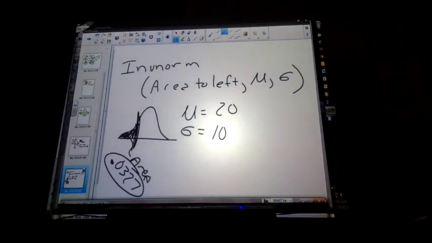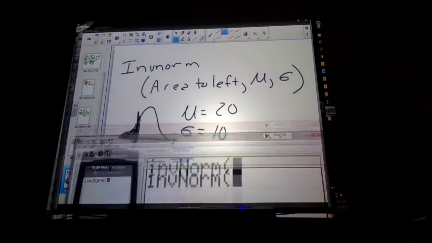So if I want to find that area, or the actual value, the score that gives me that, I'm going to go second vars. I'm going to go to INV norm, which is number 3. I'm going to plug 0.0327 in.